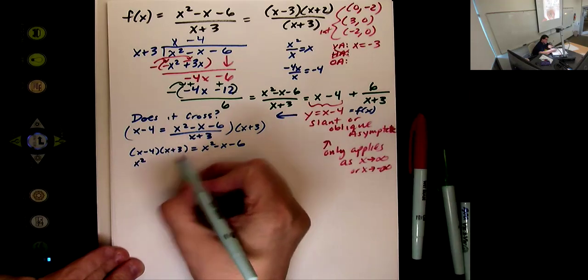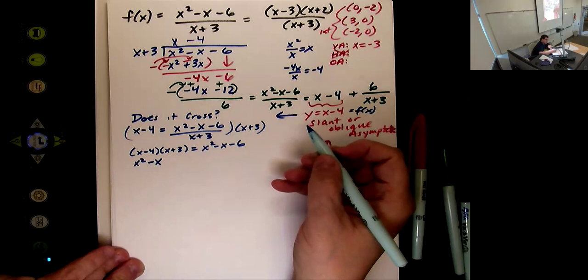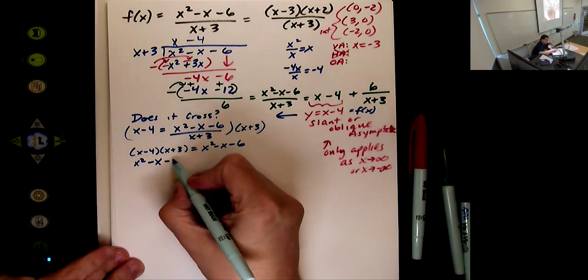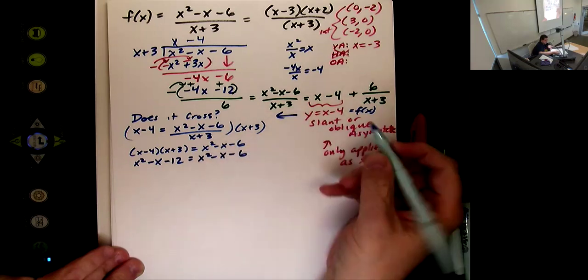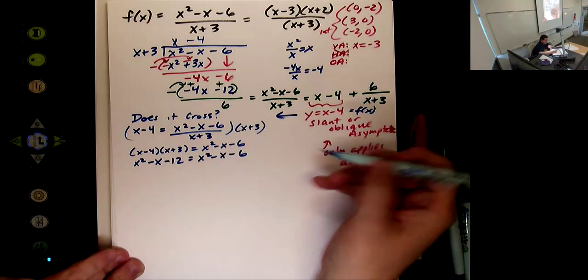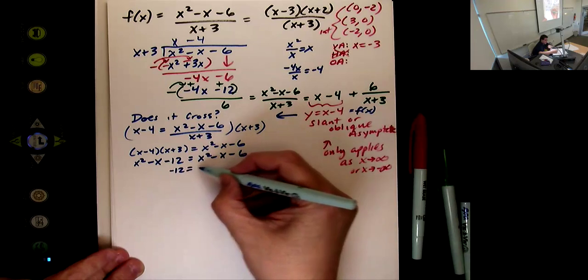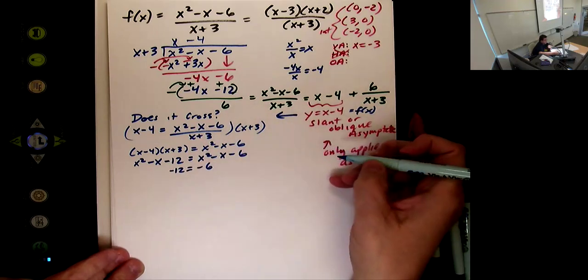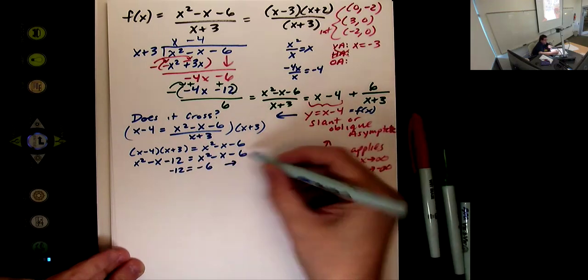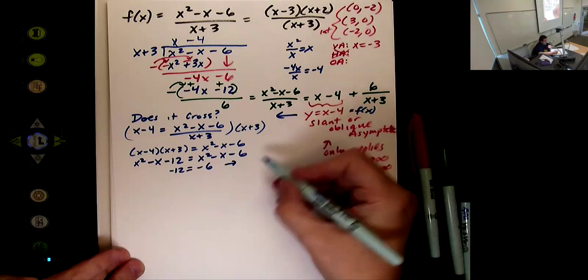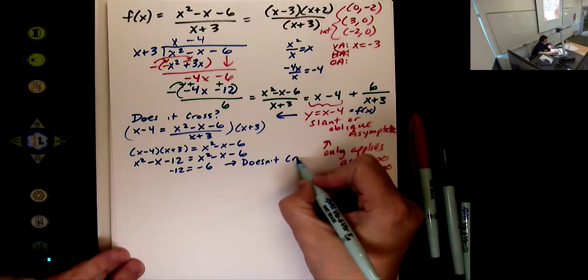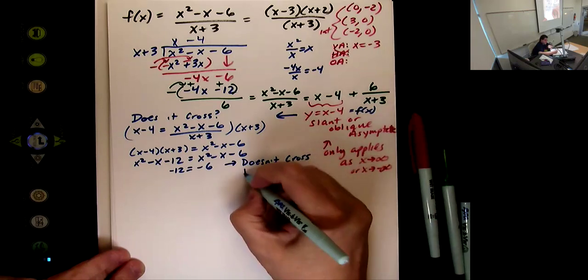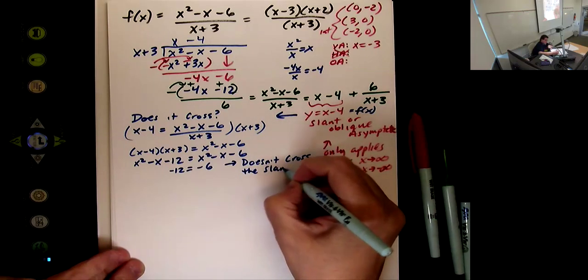Minus 4x plus 3x is minus x. And I got minus 12. I get -12 equals -6. So I didn't get an x value, so it doesn't cross the slant asymptote ever.